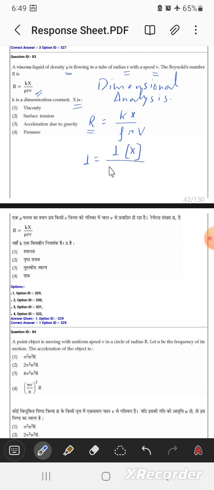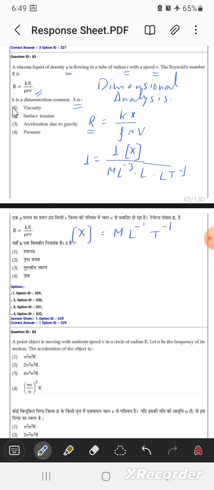Rho is density, so the dimension of density is mass by volume, that is M L to the power minus 3. Radius has the dimension of length, and velocity is L T to the power minus 1. So if I solve it, the dimension of x will become M L to the power minus 1 T to the power minus 1.